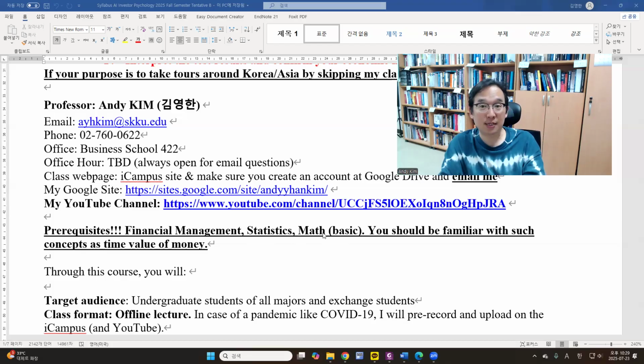And then math basics: high school math about single variable differentiation and integration. So, high school liberal arts calculus. That's good enough. If you are familiar with engineering math, that's super duper. Linear algebra and three-dimension multivariable calculus, that's even better. But high school math is basically what you need.